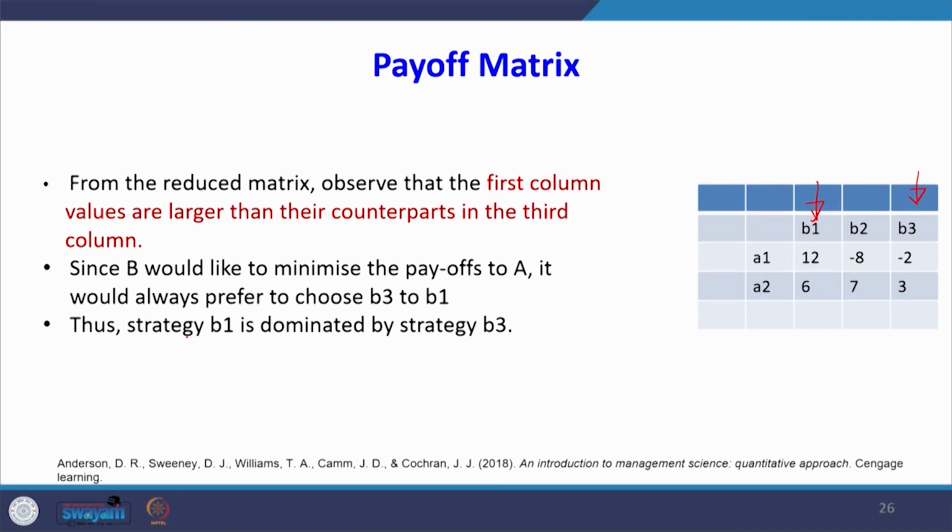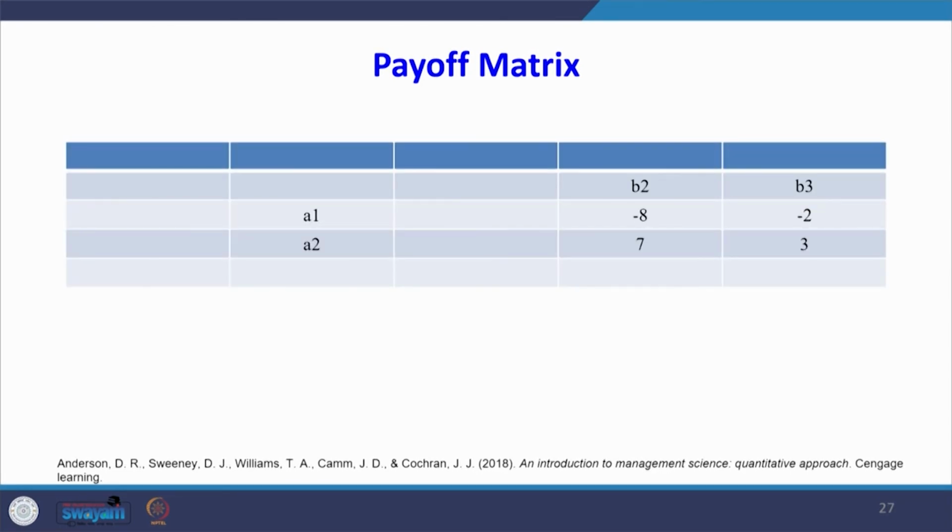So, the strategy B1 is dominated by strategy B3, and we can remove B1. After removing, the final matrix is -8 -2 7 3. This can be used for finding the value of the game.